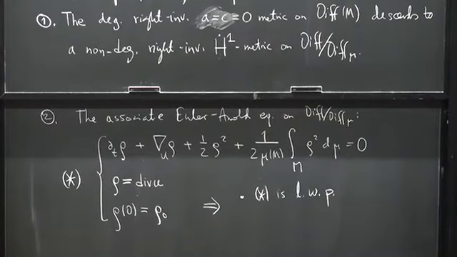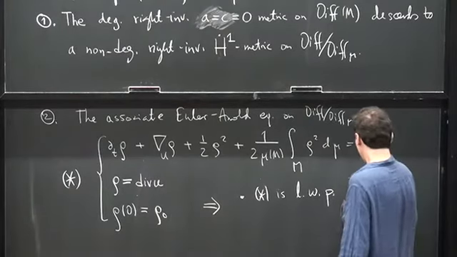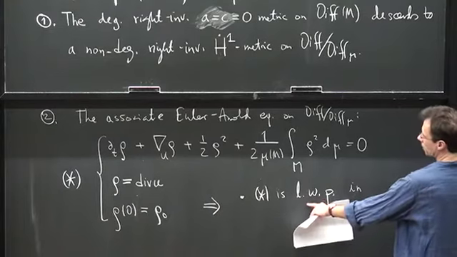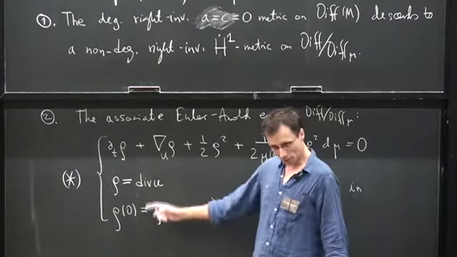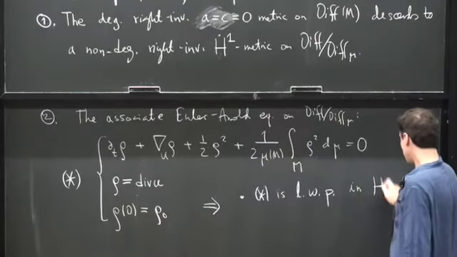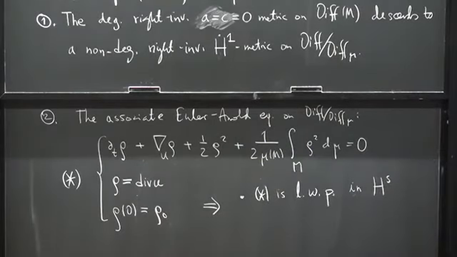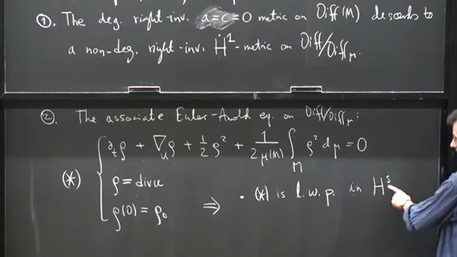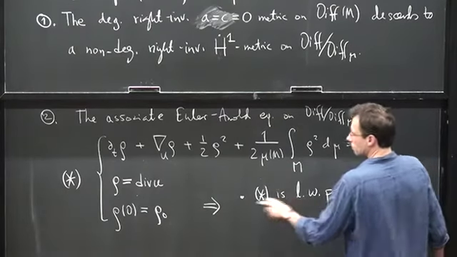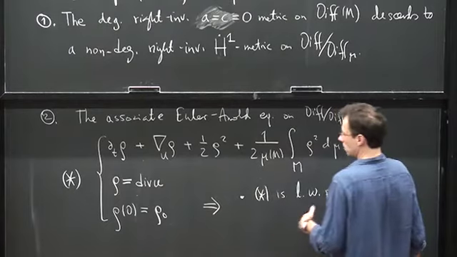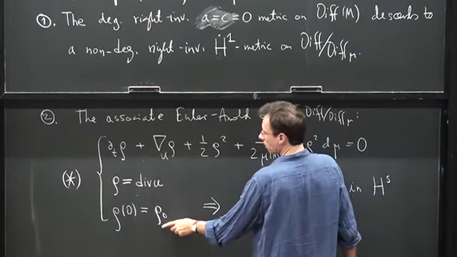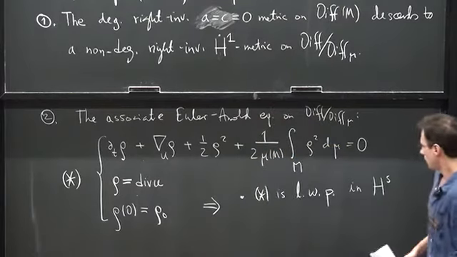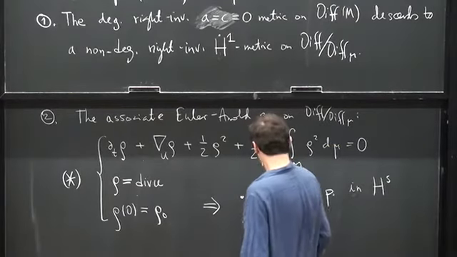This means that one can construct local in time solutions given the initial condition in H^s, a Sobolev space. For sufficiently large s, I can construct a solution which is unique and depends continuously in the Sobolev norms on the initial data. So this is one result.